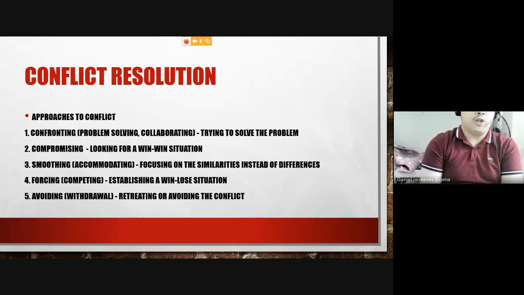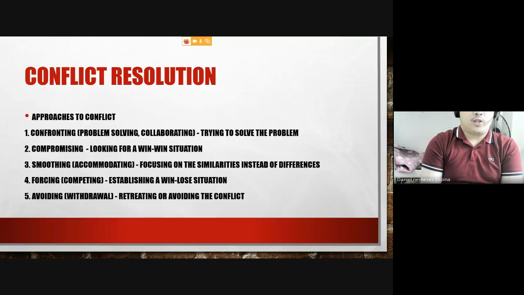Of course we don't want nga may tabo na siya, that's why there's a compromise. So we're trying to look for a win-win situation. If it's a team member, if they could really not agree, there should be a win-win situation, or there should be a compromise.